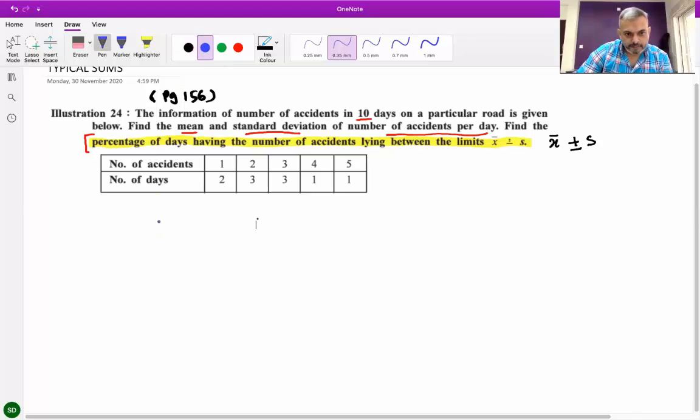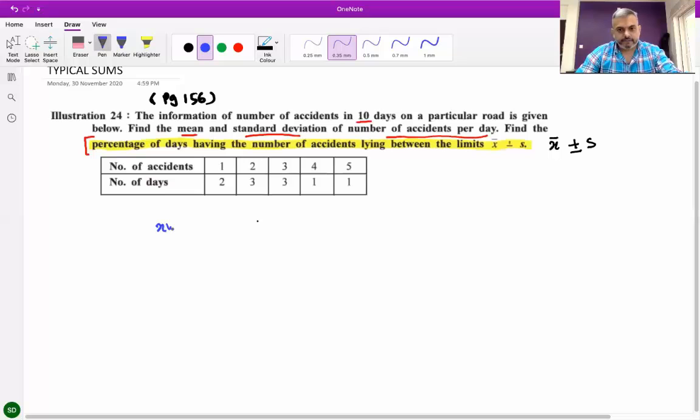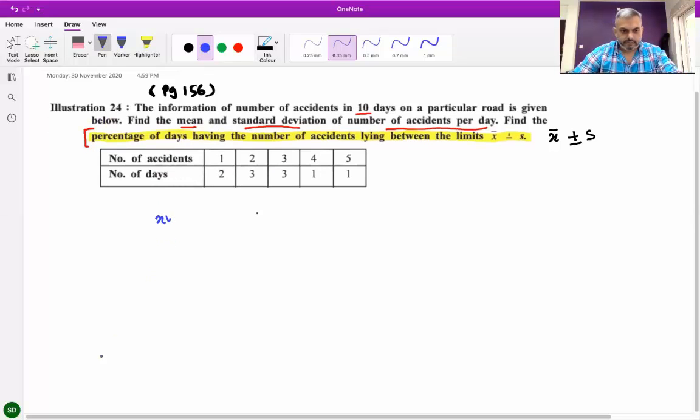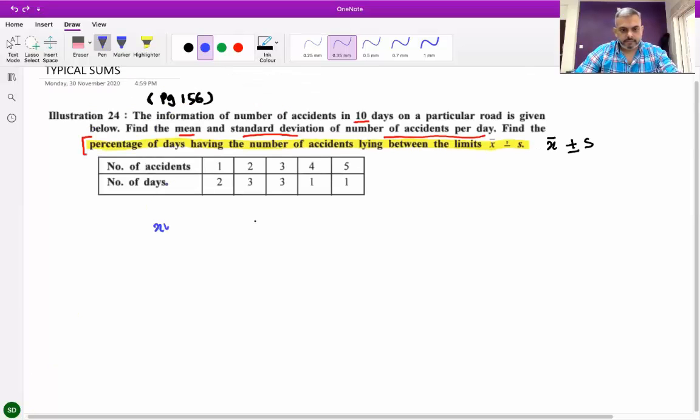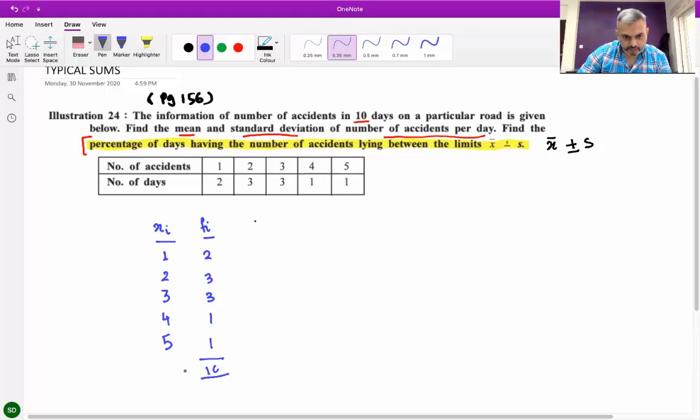Number of accidents xi: 1, 2, 3, 4, 5. Number of days fi: 2, 3, 3, 1, 1. Total is equal to 10, so n is equal to 10.